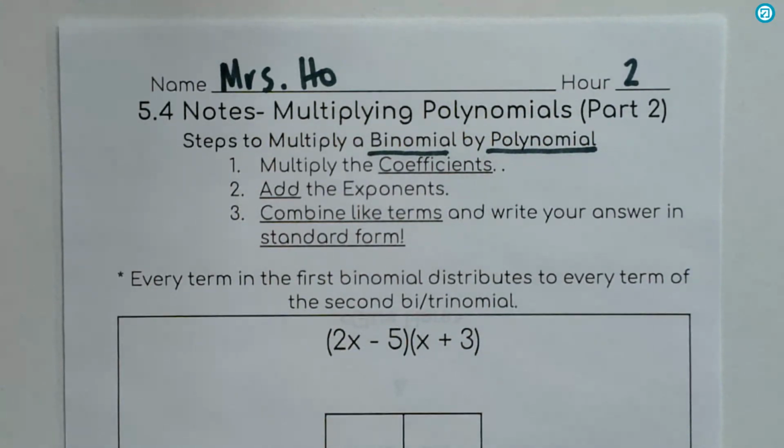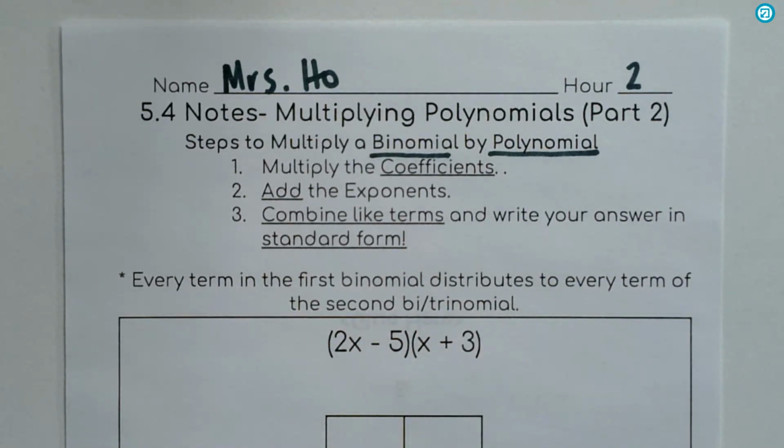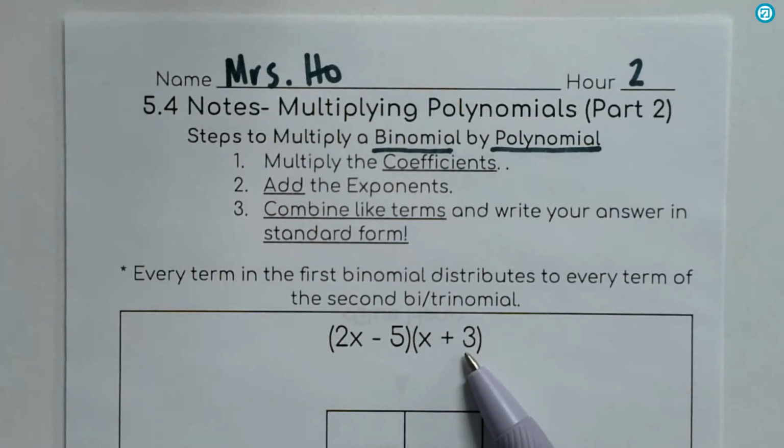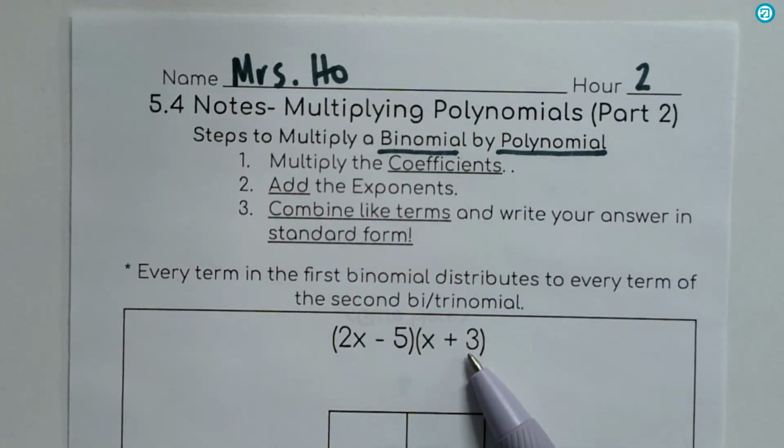So every term in the first binomial distributes to every term in the second bi or trinomial. So 2 by 2 or 2 by 3, every term has to get multiplied by every term. If we were to just do that by hand, we would have to remember to multiply this guy by this guy, this guy by this guy, this guy by this guy, and this guy by this guy, which we could probably handle.